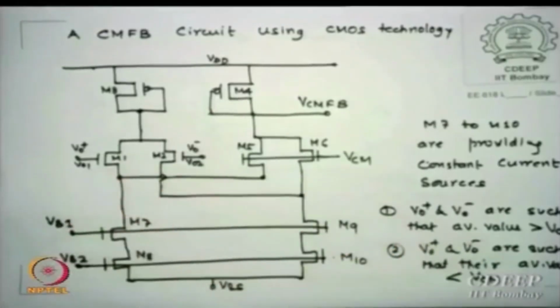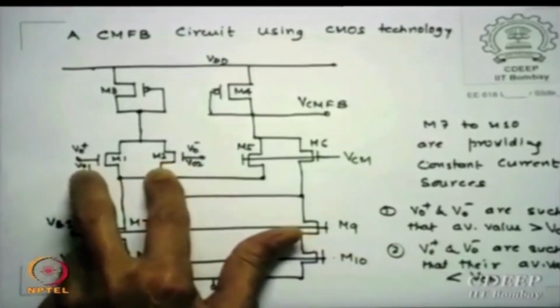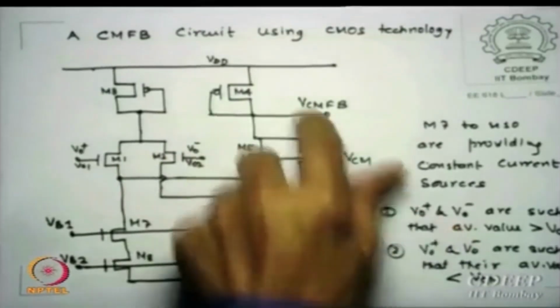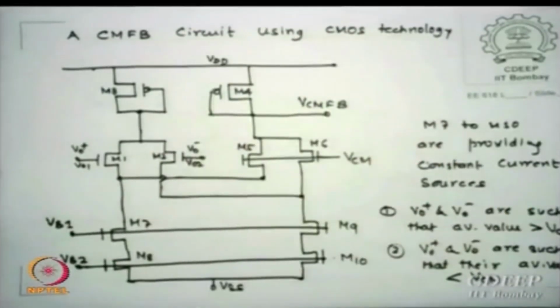Now take the next case, if these are smaller, what will happen? They will draw lower currents compared to this, they will start increasing the current, so VCMFB will actually go below. So it will increase or decrease as per requirements of increase or decrease of VO plus and VO minus, and the average value will be then retained at VCM.